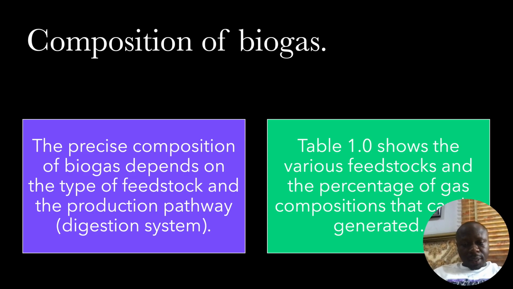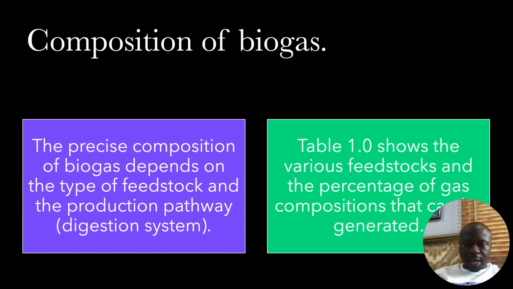Now, what is the composition of biogas? Like I said before, it is usually composed of methane, carbon dioxide, and some other gases in little or negligible quantities. And here is a table below showing the various feedstock we use. What is feedstock? Feedstock is the main compound or the main material we will be using to generate the biogas.